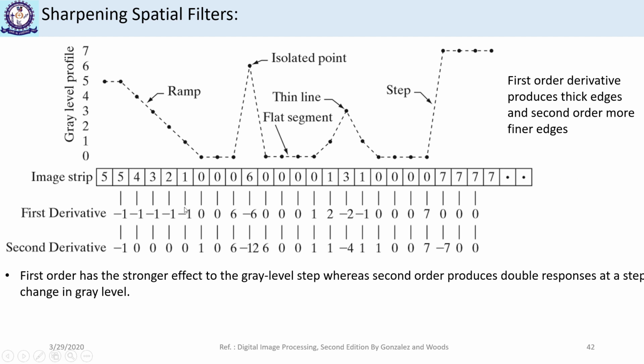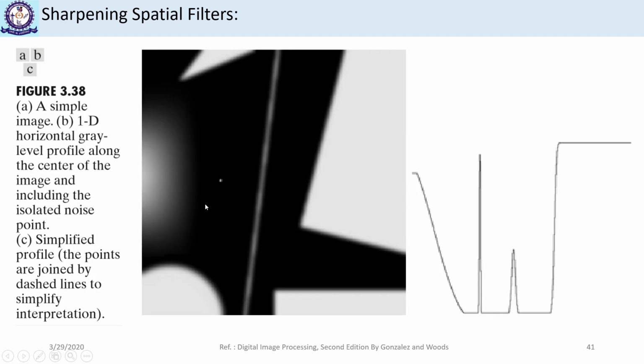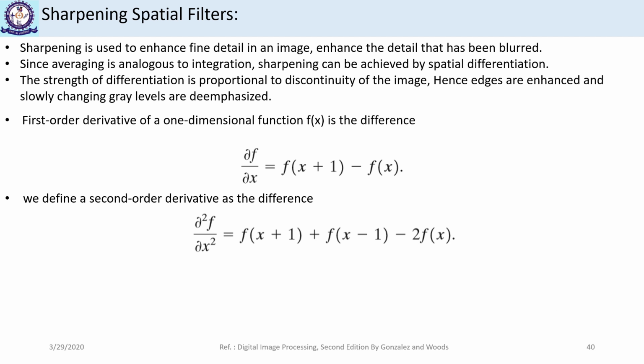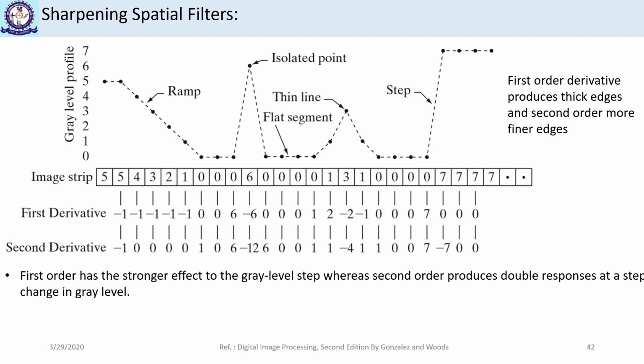Now if I want to take the first derivative of these intensities, what is the formula for the first derivative? f(x+1) minus f(x). That means from the next instance we subtract the current instance. So for this particular value, the next instance is 4 and the current instance is 5, so 4 minus 5 is minus 1. So this is the first derivative corresponding to this value.